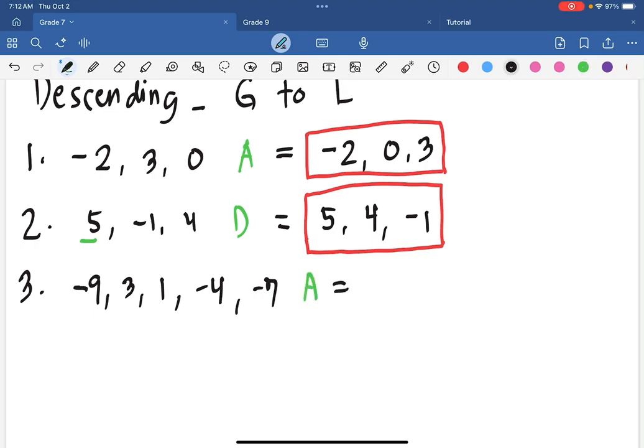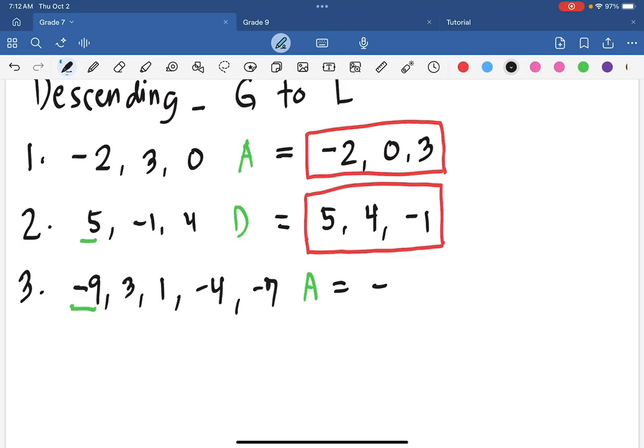So since this is in ascending order, it should be from least to greatest. So from negative to 0 to positive numbers. So based on this, on the number line, the smallest number is negative 9. So we're gonna write it now.